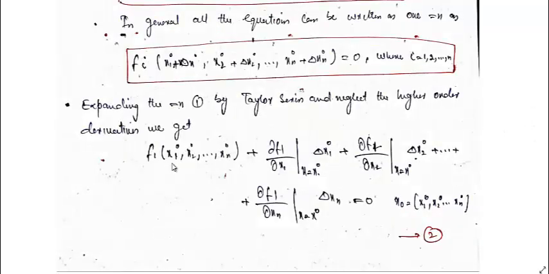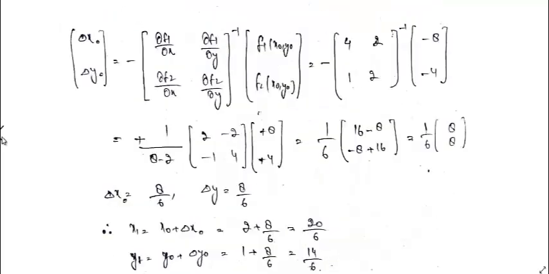It will be f1 of x1 naught, x2 naught up to xn naught, plus delta f1 by delta x1 calculated at x naught. This x naught is actually a vector containing all the variable initial values, into delta x1 naught, plus delta f1 by delta x2. So here we have to differentiate the first function by all the variables, like we have differentiated.